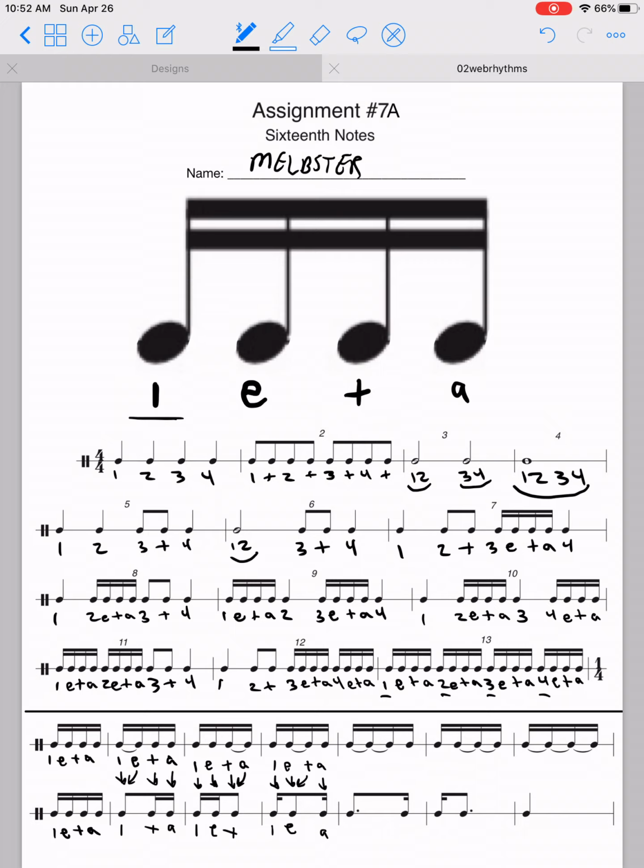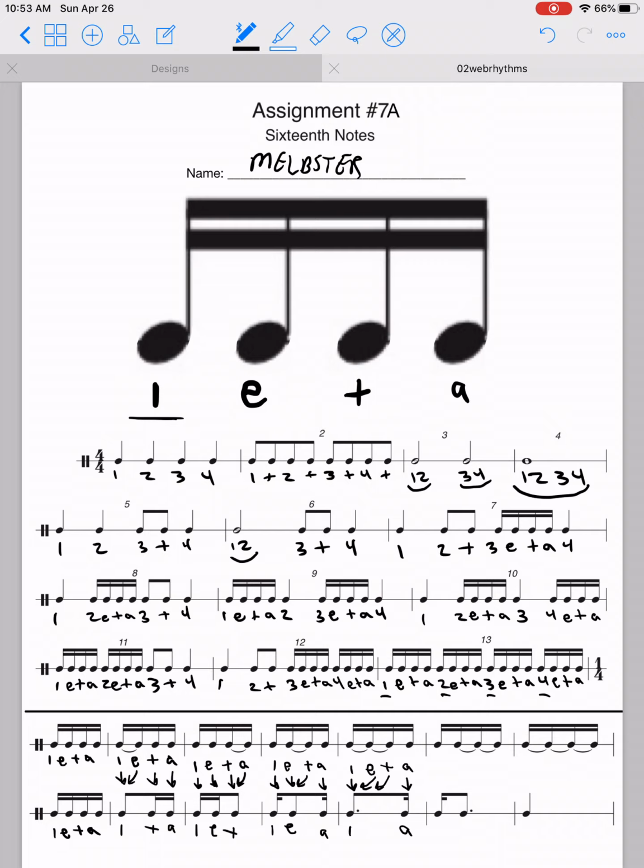In the next measure, we have 3 16th notes tied together. This is once again very similar. We see the 1, and we see the A. We don't see the E and the and because they are now replaced by our dotted 8th note.